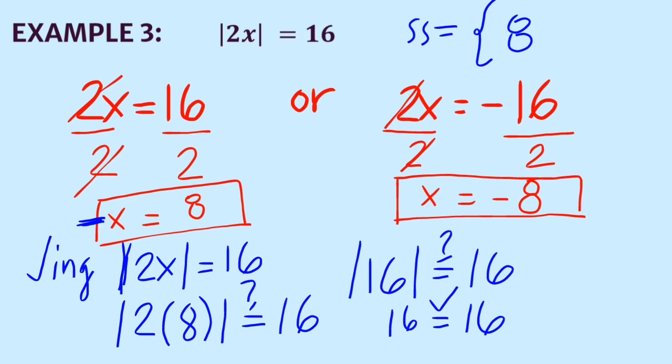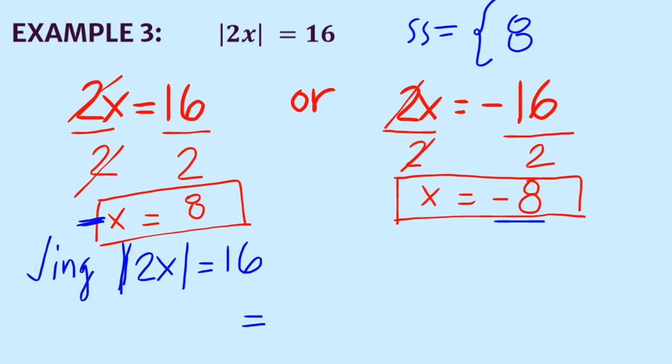Okay, let's check if negative 8 is also our solution for the given equation. Let's substitute negative 8 for the x in our original equation. So it will be the absolute value of 2 times negative 8 equals 16.